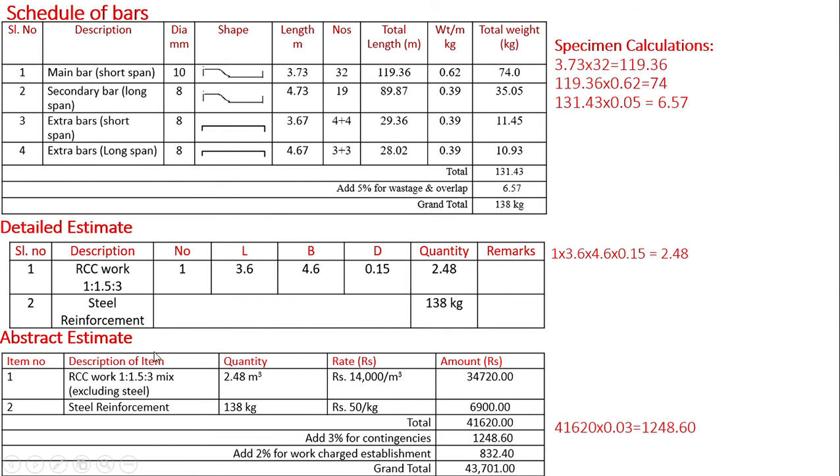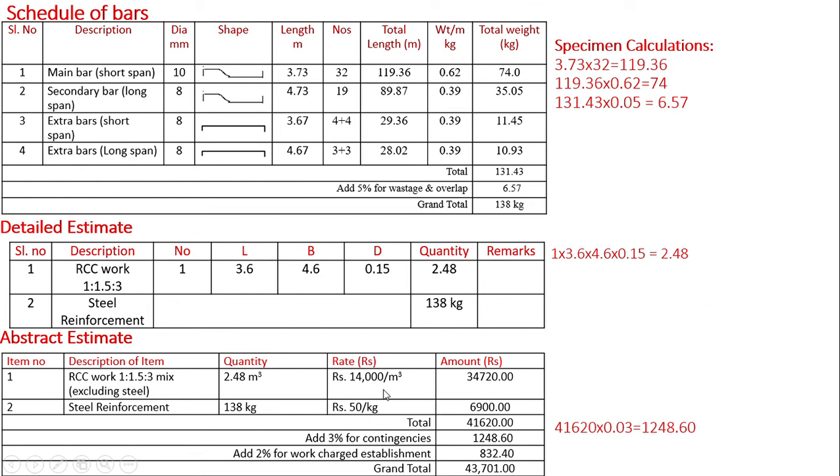In the abstract table, the quantity of items are copied from the detailed estimate table and the rate is considered from analysis of rates, or sometimes will be mentioned in the problem. The rate of concrete is rupees 14,000 per meter cube and rate of steel is equal to rupees 50 per kilogram.